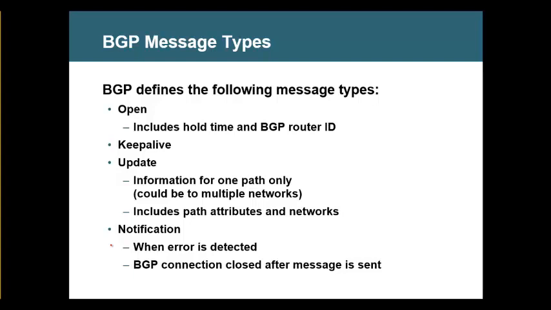Accidentally, if a neighbor goes down, it'll just shoot out the notification message and then go down, so that the receiving router will know that the neighbor is no longer available. It need not wait till the time expires. The whole time is 180 seconds. It need not wait 180 seconds for the time to expire. It can take the decision at once when the notification is received.